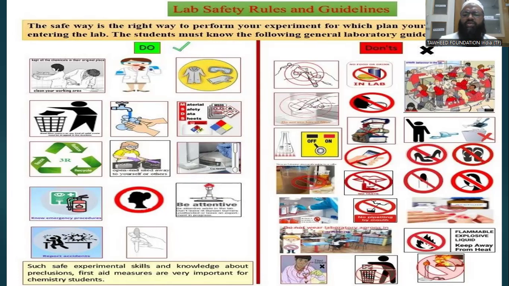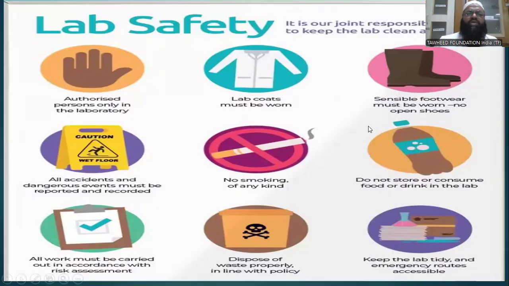To avoid such accidents, we need to have what we call a code of conduct. So we have to go through the code of conduct in the laboratory. Laboratory safety is our joint responsibility to keep the lab clean and safe. How?